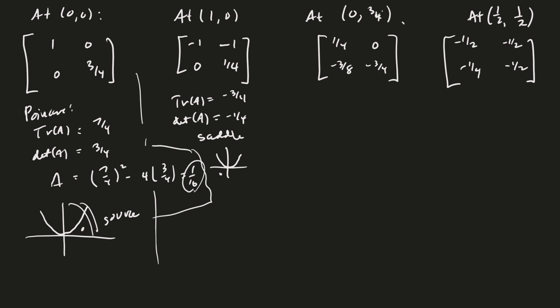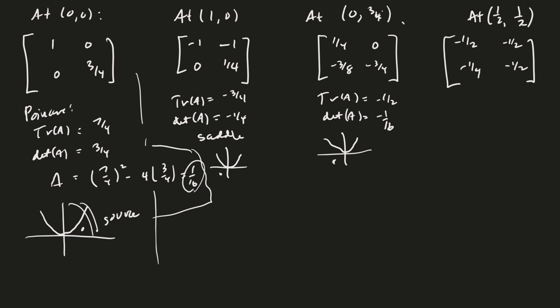Okay, at (0, 3/4) we have our trace is negative 1/2. Determinant is a negative 1/16. And so again we can stop. And again, our point is down here, so that puts us as a saddle.